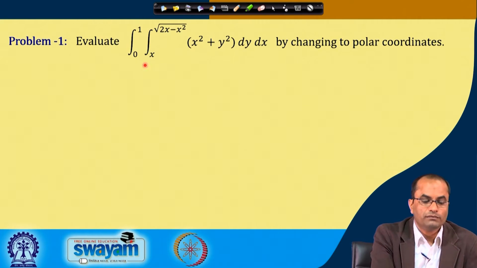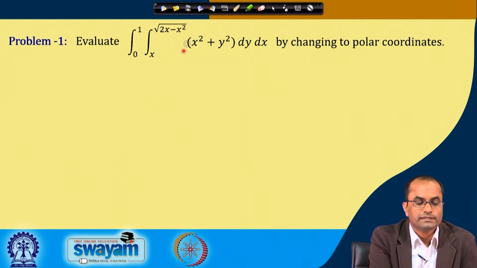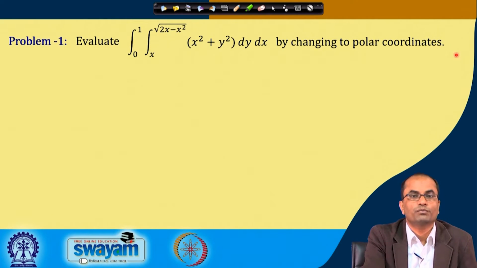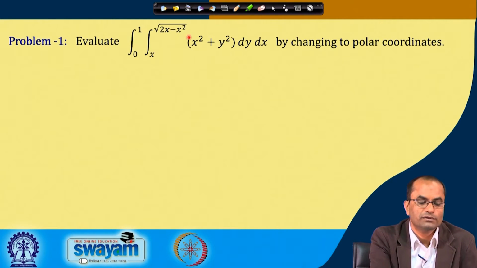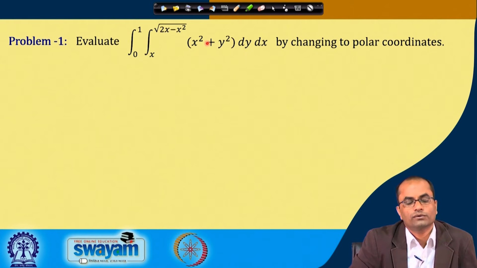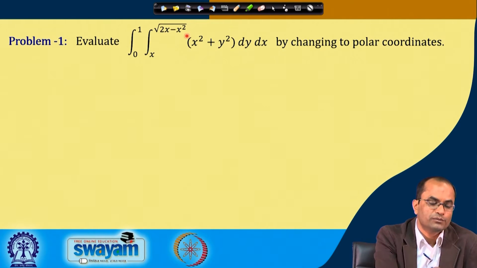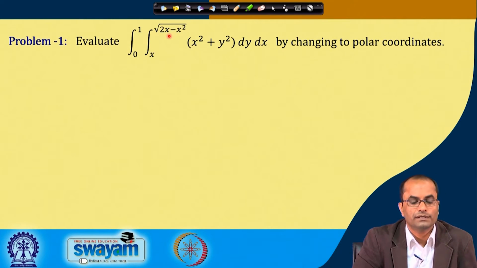Okay, so another problem where we want to integrate this x square plus y square by changing to polar coordinates, and this is natural because the integrand is also supporting that changing to polar coordinate will help, and perhaps here as well because it's a circle here.